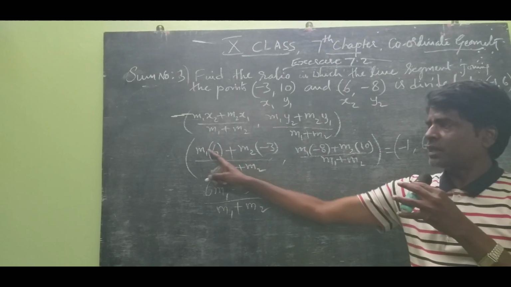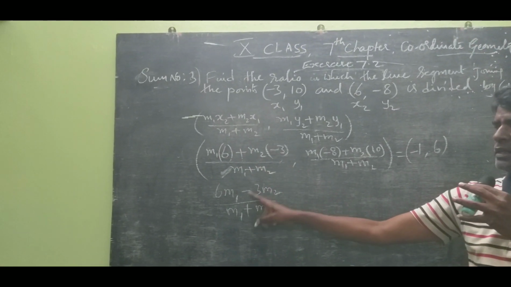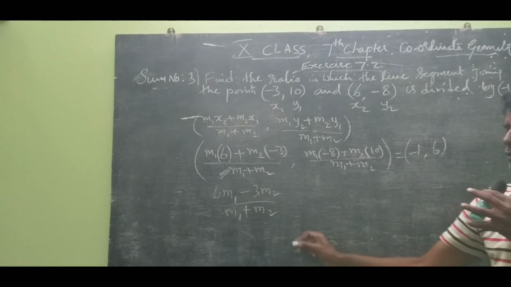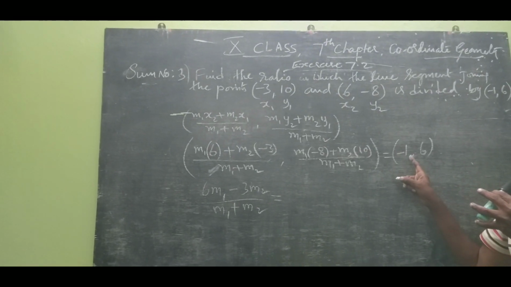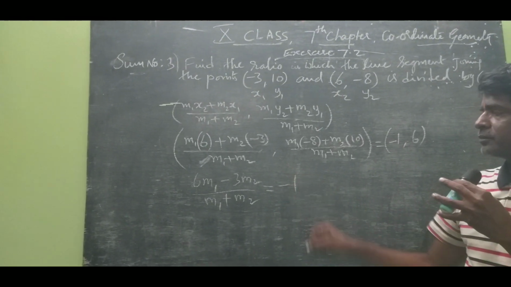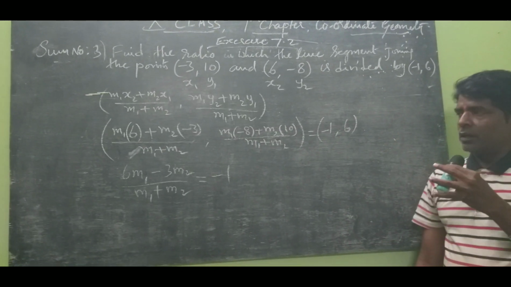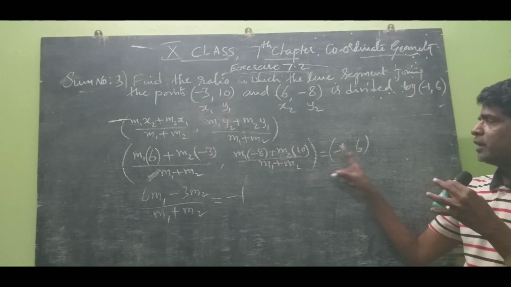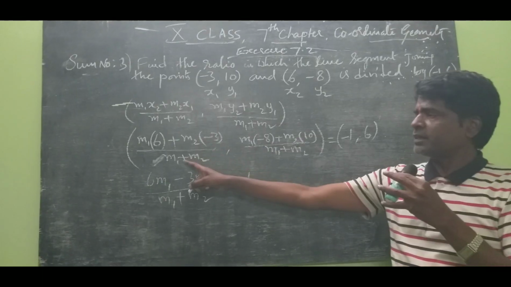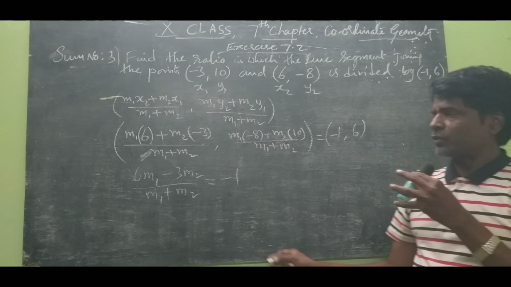That is, (6m1 plus into minus 3m2) by (m1 plus m2) is equal to, I can equate it to -1, because that is the x value. Suppose if you are taking y, you can equate to 6. But here I am taking x, so I am equating to -1.